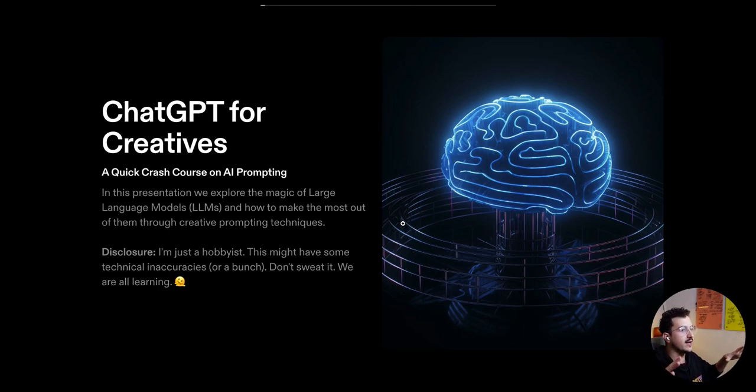I understand well the systems and how they work and how they're positioned, but that's about it. So this is going to have a lot of technical inaccuracies. Don't sweat it. We're all learning. Just focus on the big picture of what I'm trying to explain, and hopefully you'll get some value out of this.